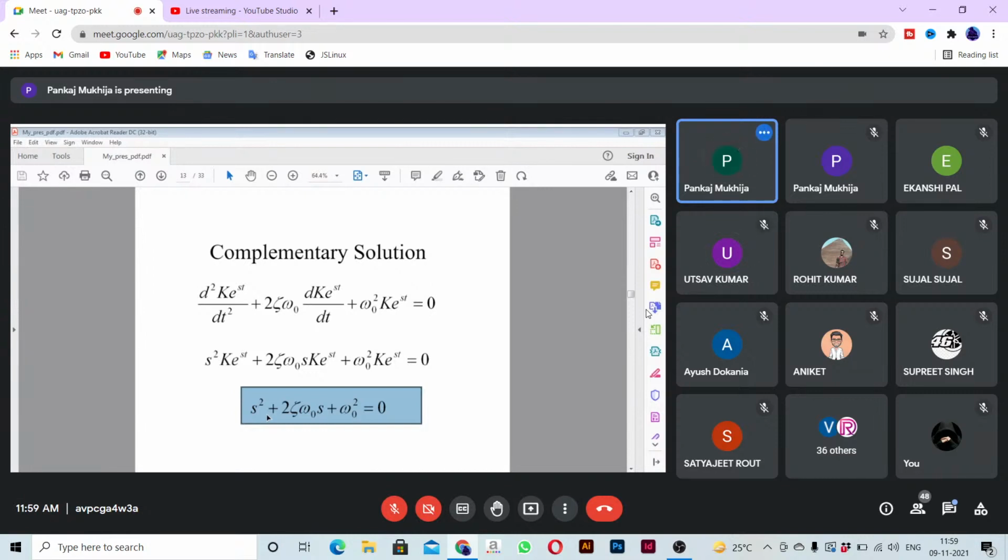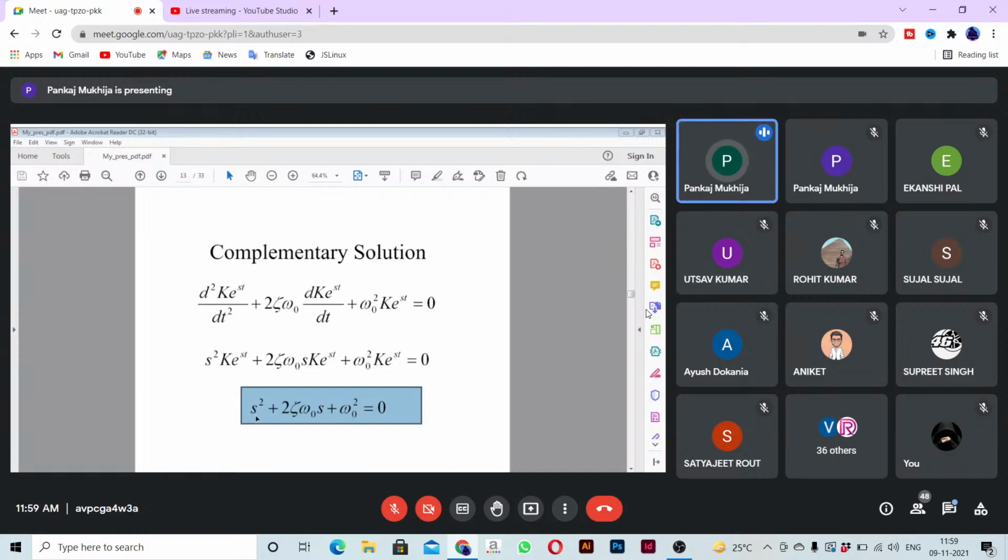The highest power of s is 2, so the order of this equation is 2, second order. S is the variable, like when you solve a quadratic equation. Take s as x, in a way. No sir, I thought you were talking about the differential equation.